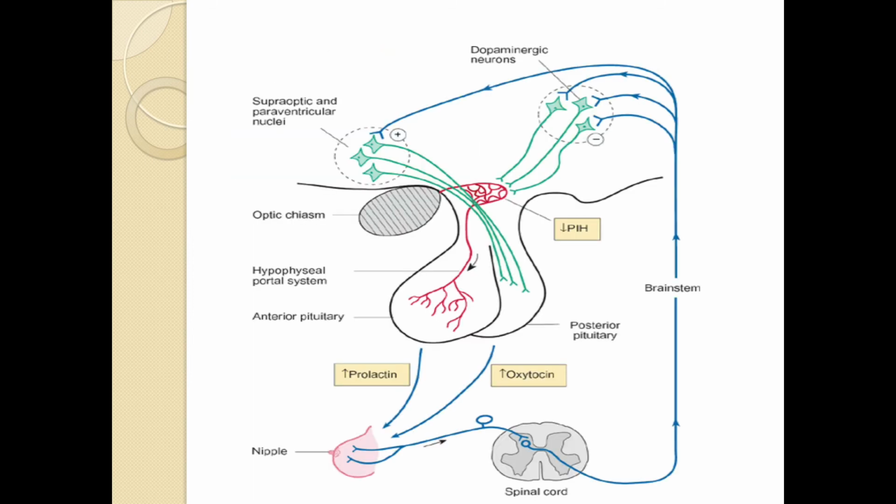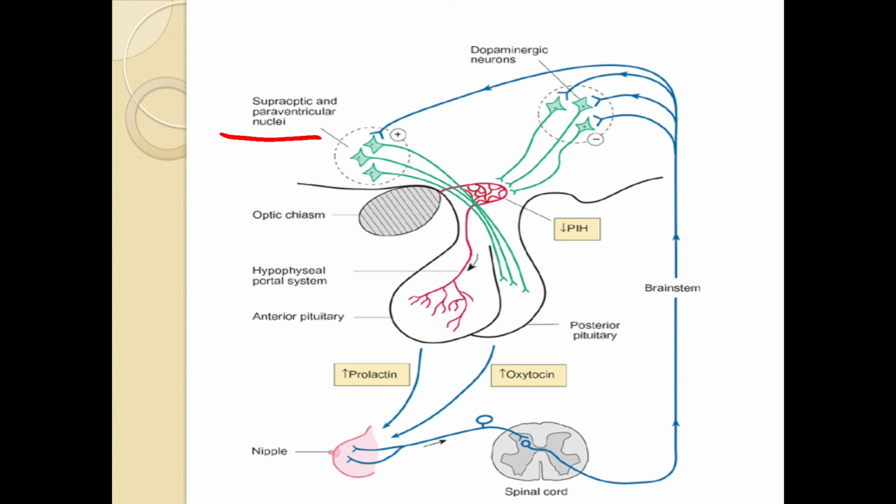So let us see how the reflex takes place. In this picture you can see the hypothalamus and the pituitary gland. In the hypothalamus you have the supraoptic and paraventricular nuclei. The cell bodies here synthesize two hormones, antidiuretic hormone, that is ADH, and oxytocin.